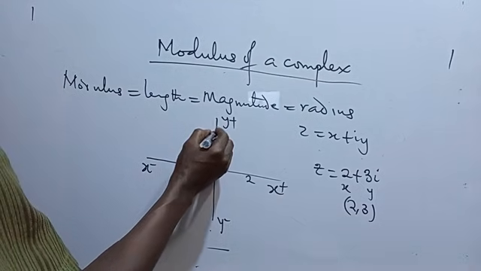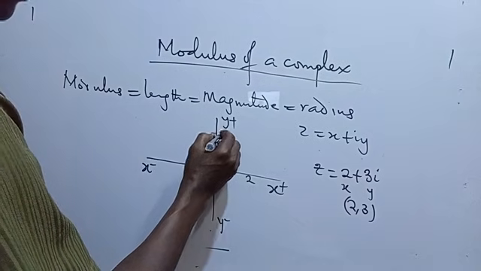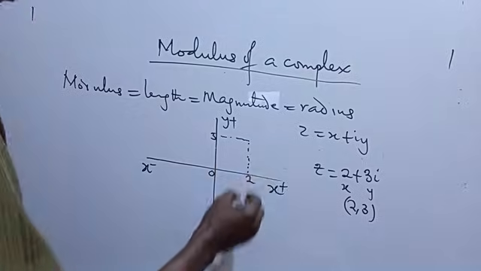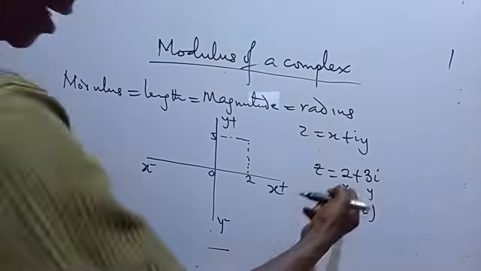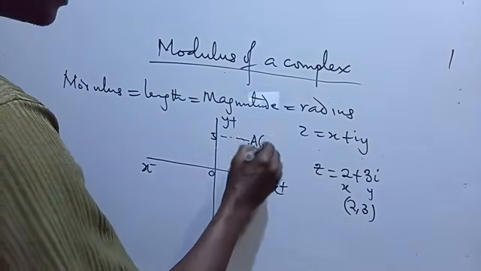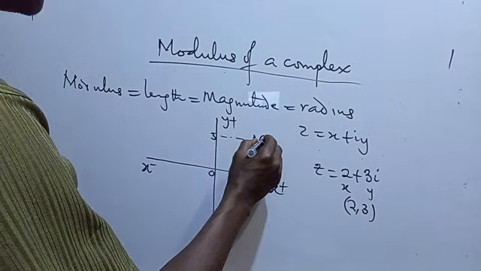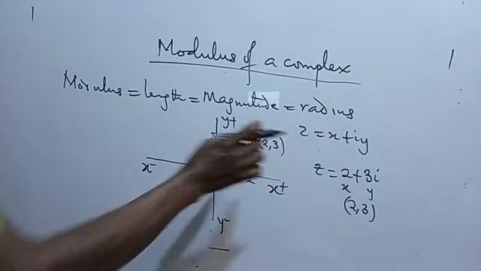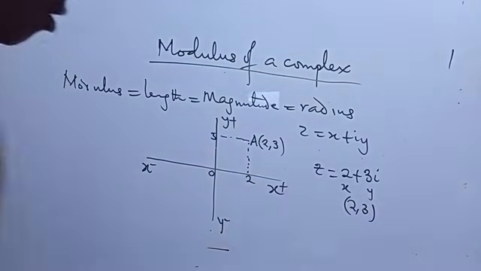So the meeting point of 2 and 3 is the coordinate point for this particular complex number. We can call this A, that is 2, 3.